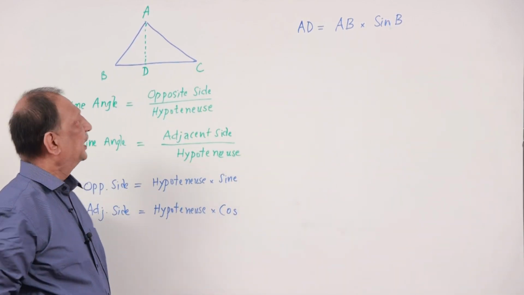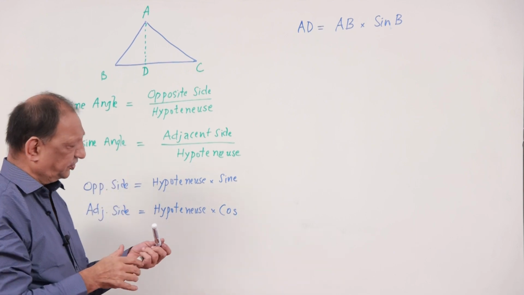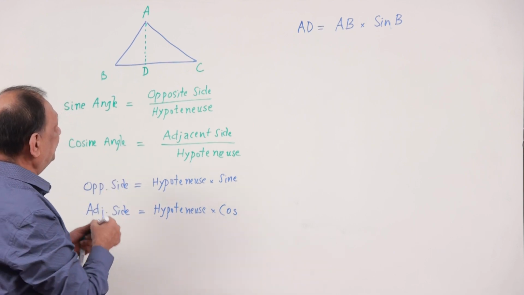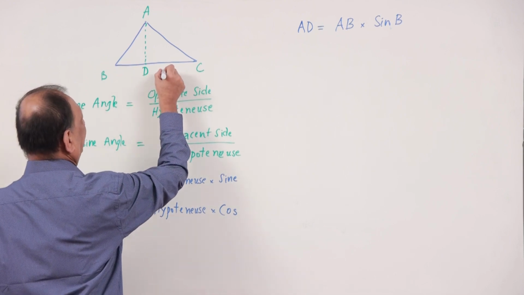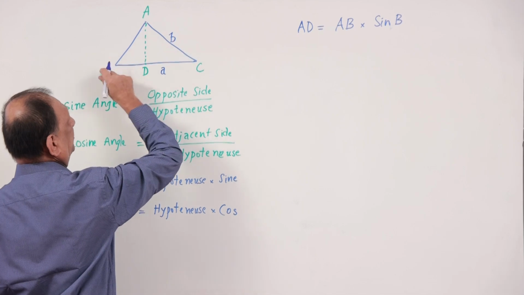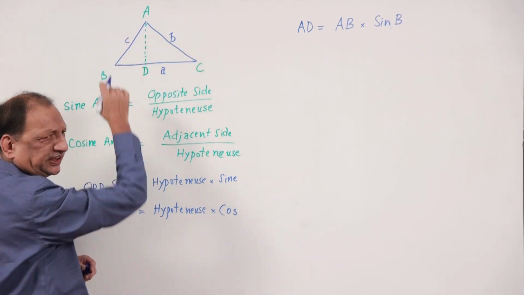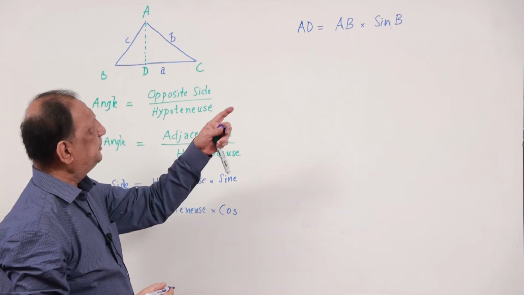Correct? Now, for the sides, I don't want to use AB, BC, CA and so on, so we'll give other names. Lowercase a is opposite of vertex A, b opposite of vertex B, and lowercase c opposite of vertex C. So what is this AB sin B?